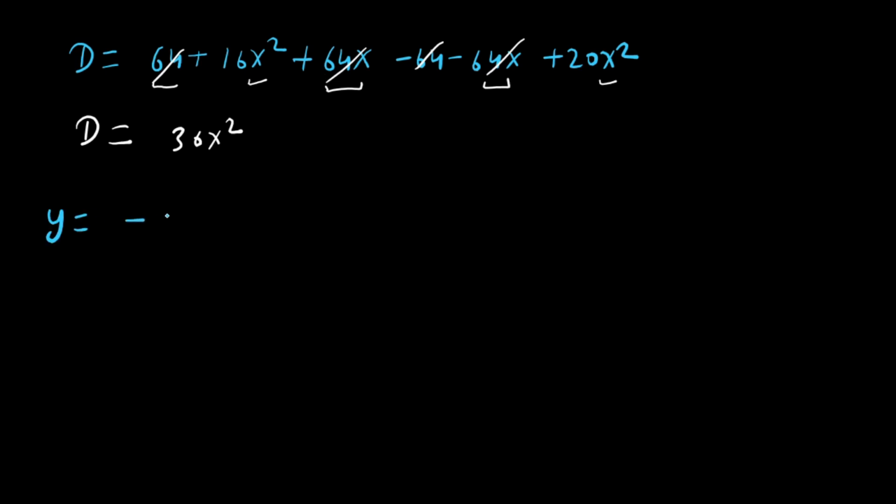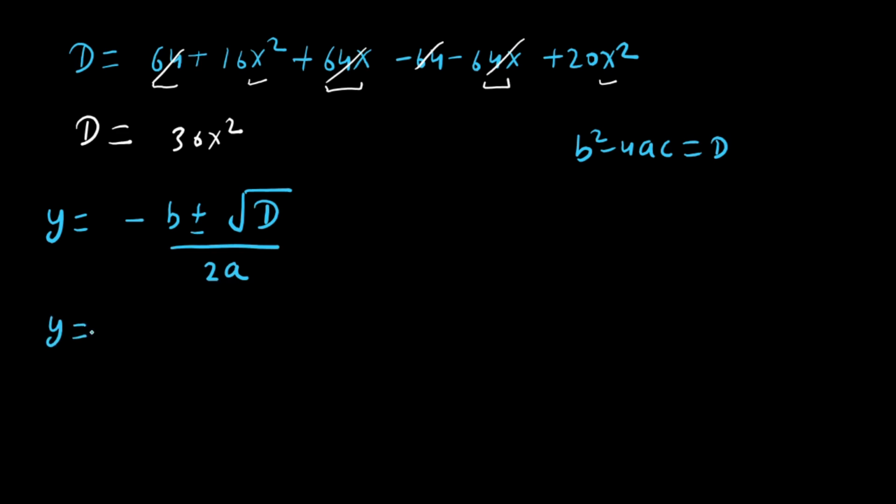Y is equal to minus b plus or minus square root of b square minus 4ac, which is known as the discriminant of the quadratic equation, so square root of D, divided by 2 times a.